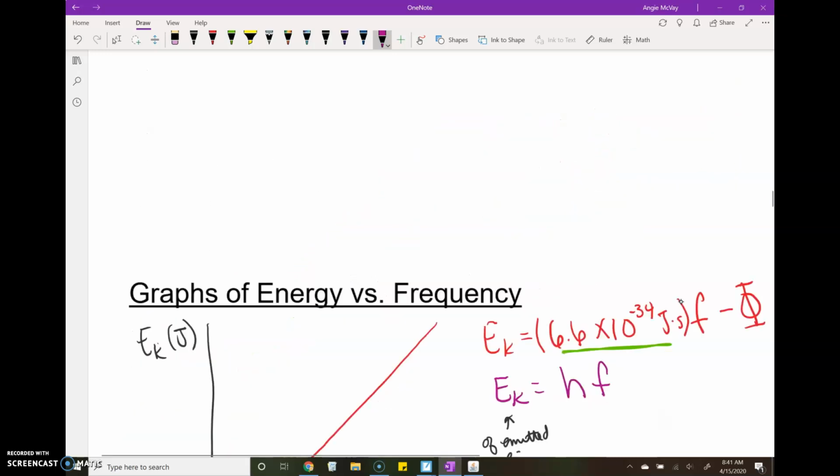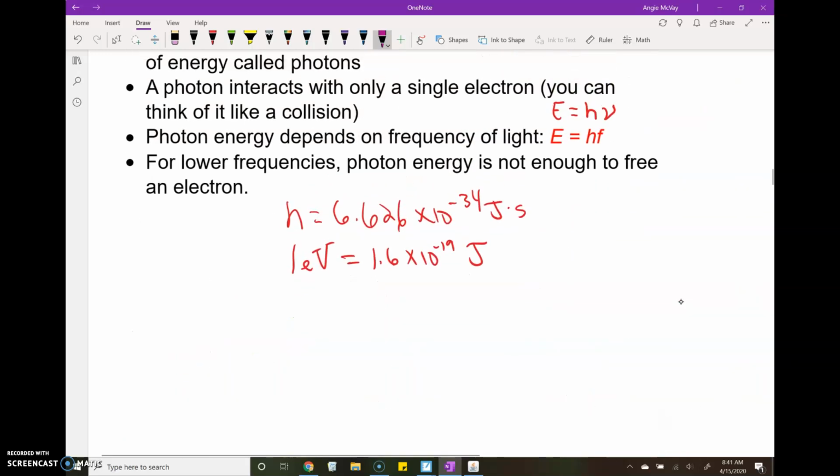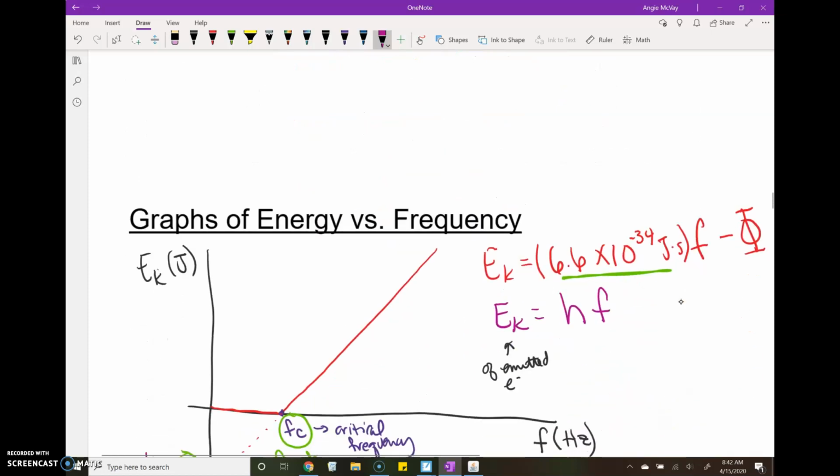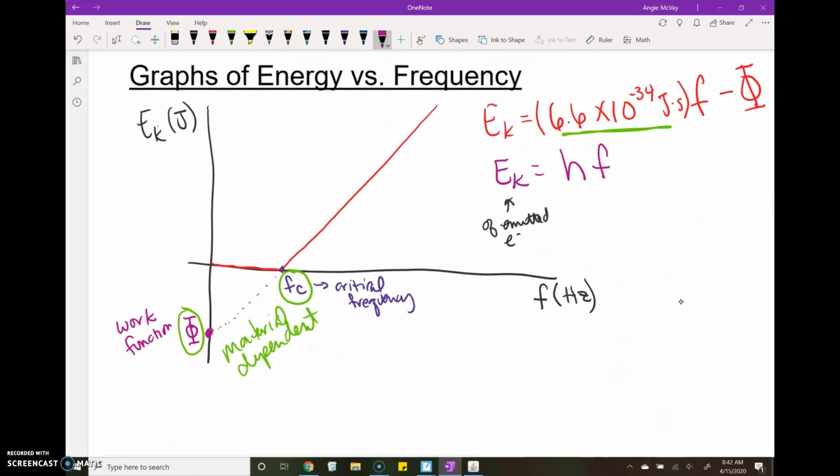Hey, we saw energy equals hf up here. What do you know? Okay, so that tells us that part of this relationship is the energy of the photon.